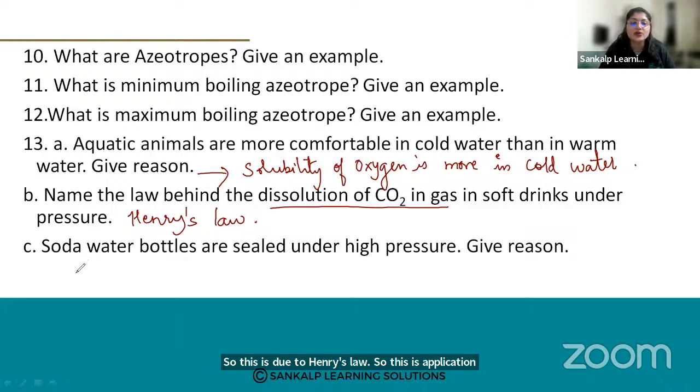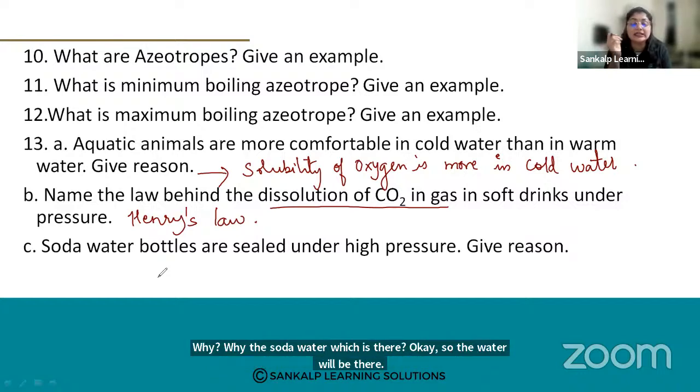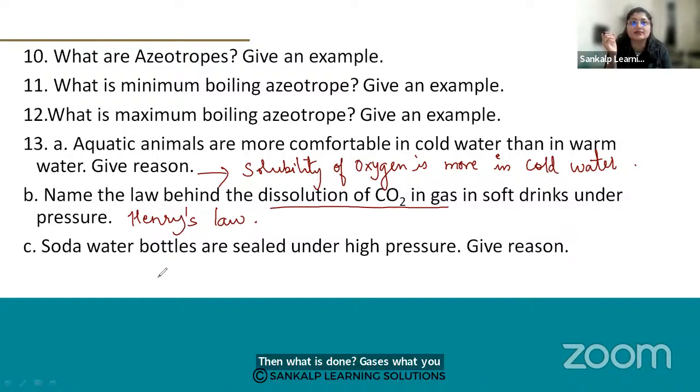Okay. Next is: soda water bottles are sealed under high pressure. Give reasons. So it's the same one. Why are the soda water bottles sealed under high pressure? Soda water will be there. Then what is done? The gas is passed under very high pressure.